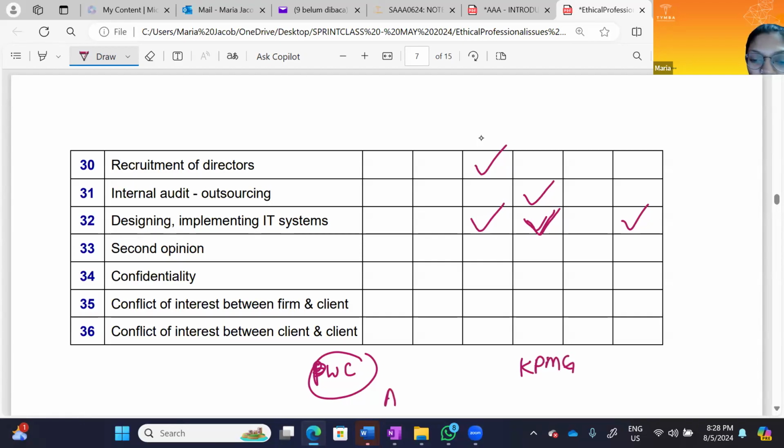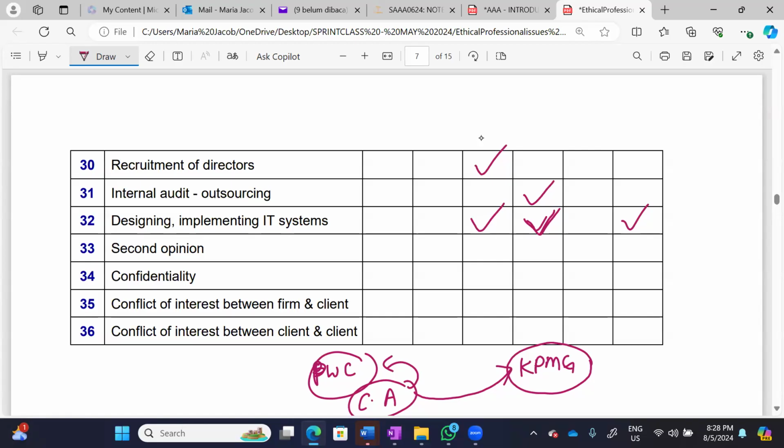We have this audit firm and this client A. The client is persuading PwC, saying, no, I should use the revaluation model. So the client goes hunting for other auditors to agree with them. This process we call opinion shopping. In a way we call it a second opinion.